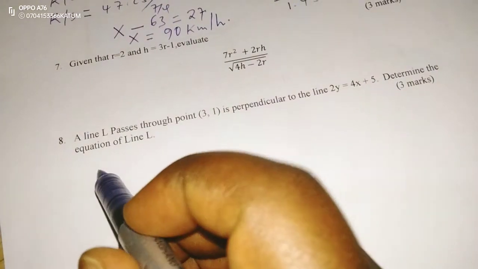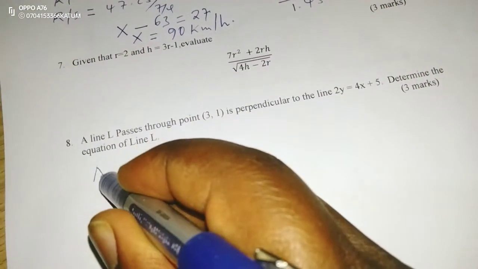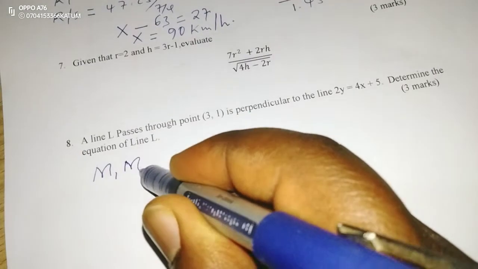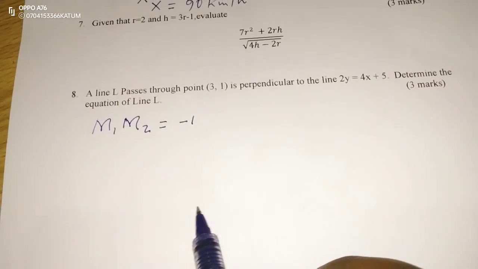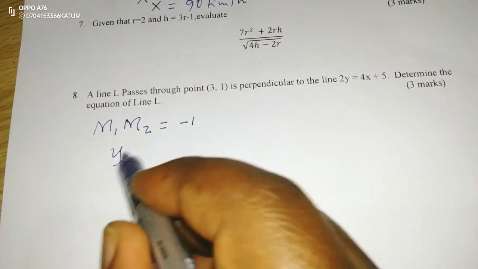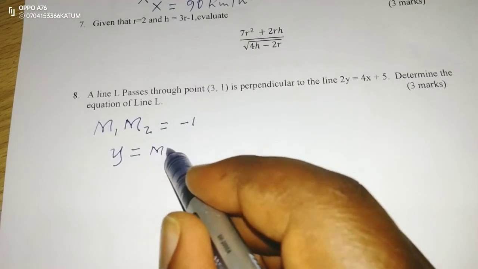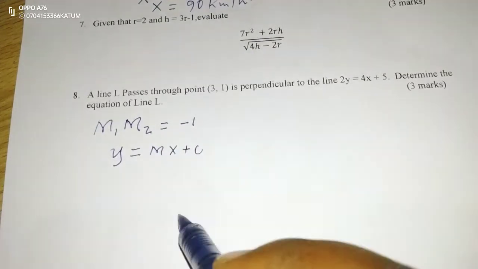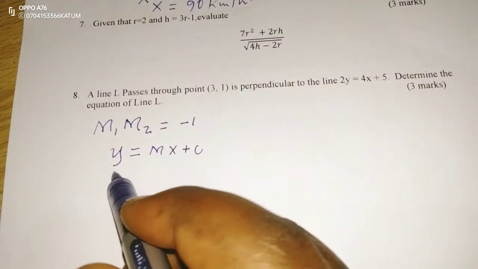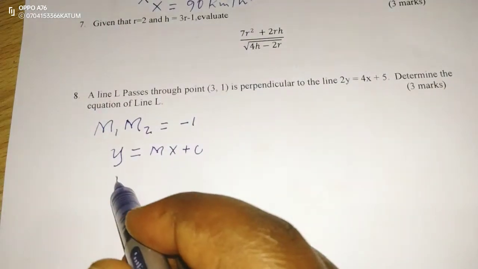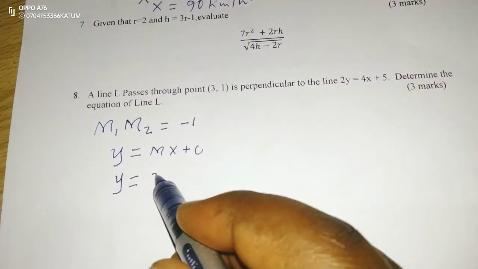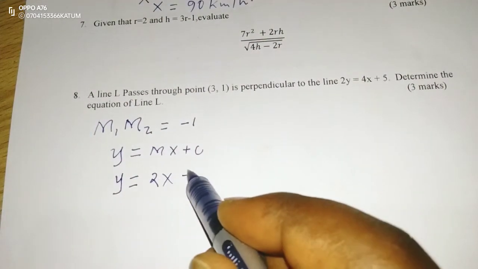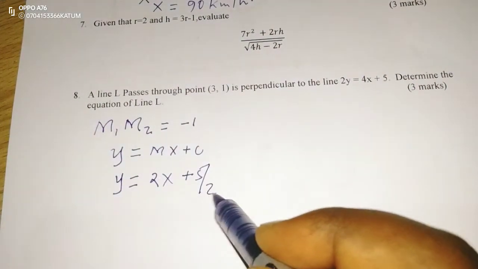When two lines are perpendicular, we usually say that the first gradient multiplied by the second gradient should give us -1. Therefore, in this case, we are first going to rearrange the first equation in the form y equals mx plus c, so that this equation becomes, when we divide through by 2, y equals 2x plus 5 out of 2.